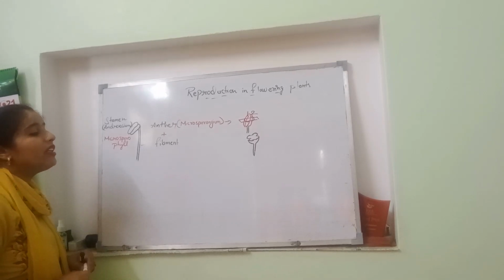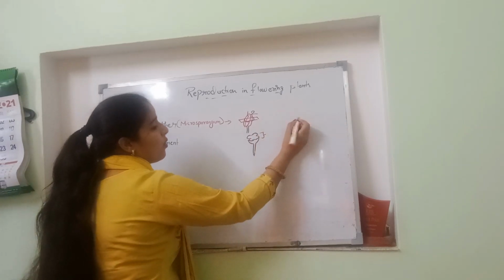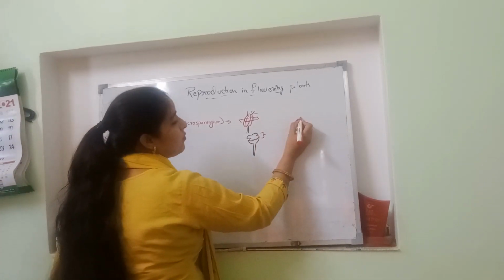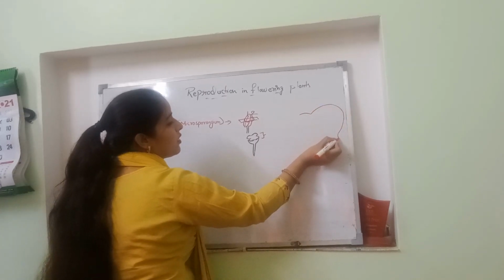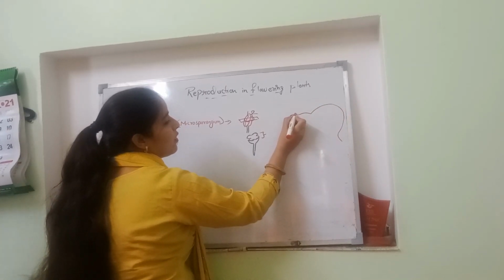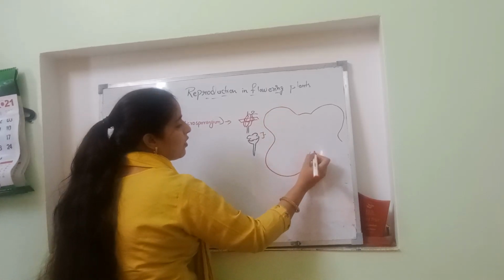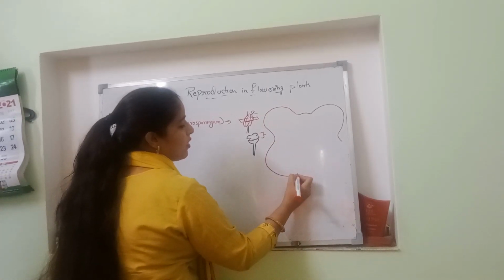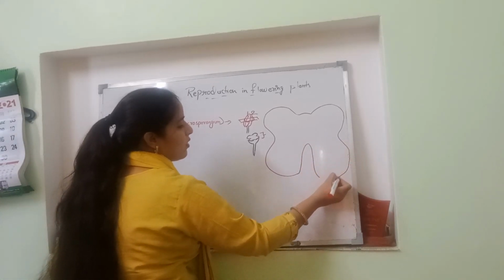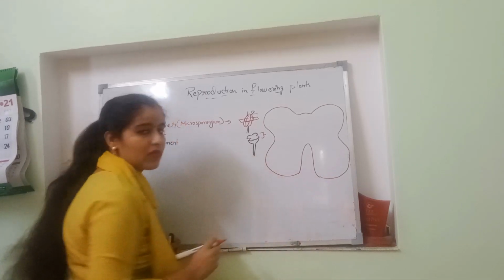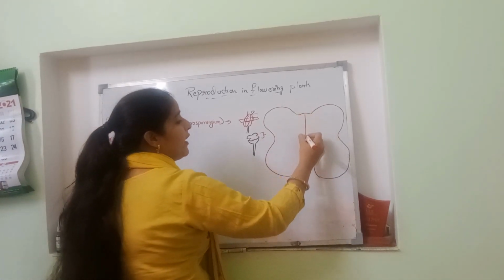From the microscope, when we see a large view of this part, we'll see, right, an anther is a bi-lobed structure.